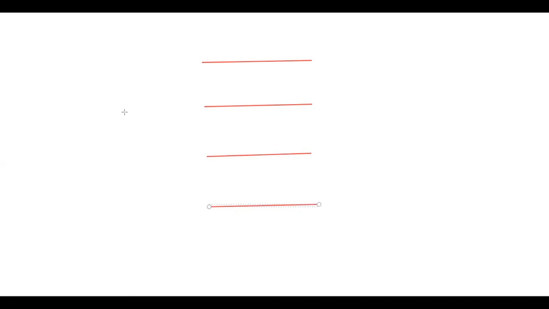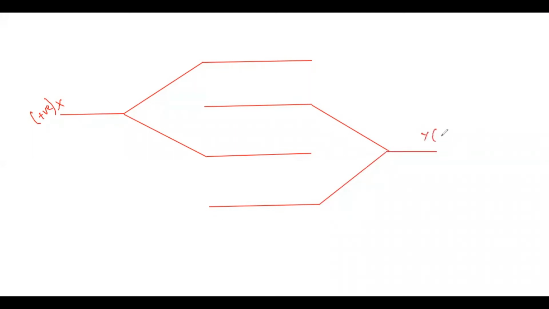But in this case, we will connect only our first and the third plate to the terminal X, which is positively charged, and we are going to connect our second and fourth plates to terminal Y, and that is negatively charged.